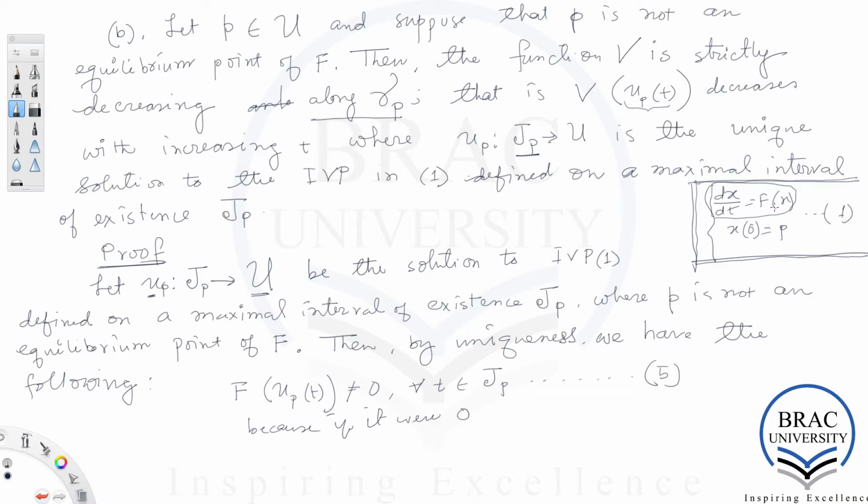So if f at up of t were 0, we would have from the left hand side d of up of t over dt to be equal to 0, from the underlying system.